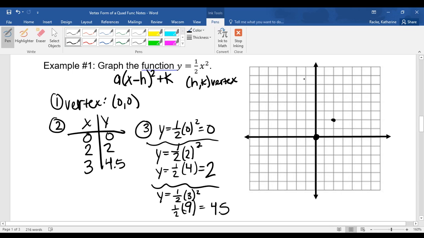Now, it's a reflection, okay? So this is our vertex. Sorry, I'm not drawing a very good line. Just straight down the y-axis. Okay, now we're going to make a reflection of those points. Hold on, that one went away.